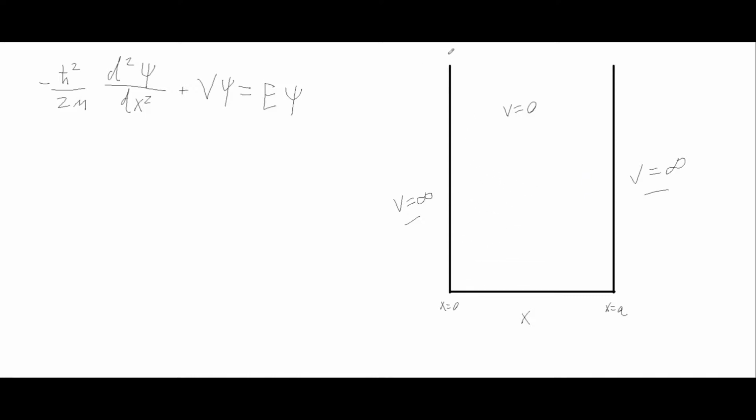So we go right from infinity to zero instantaneously at both sides. And the width of this well is x here, and this is how it's usually done.